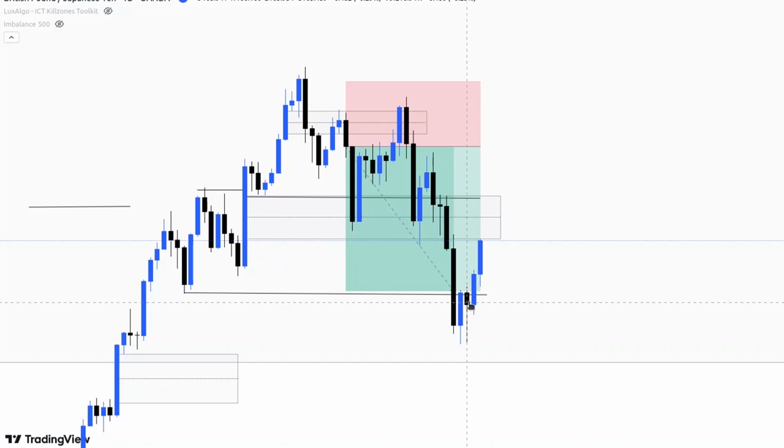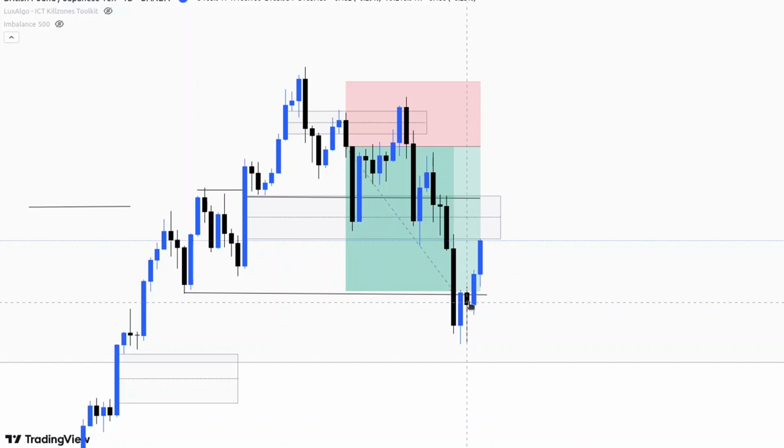If a bullish fair value gap is disrespected and price returns and uses that fair value gap as a support, then I'll be looking for a bearish trend. If a bearish fair value gap is disrespected and price returns and uses that bearish fair value gap as a resistance, then I will be looking to be bullish.